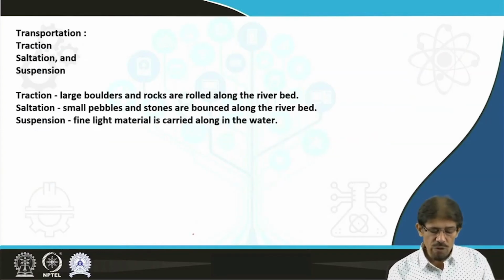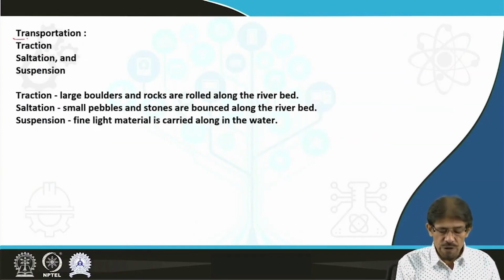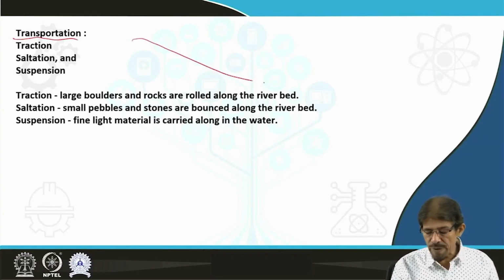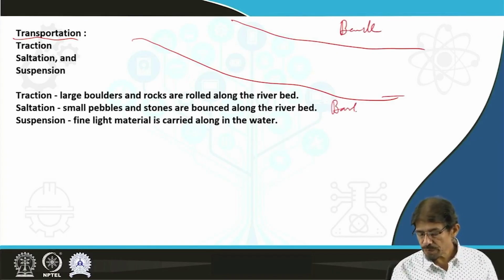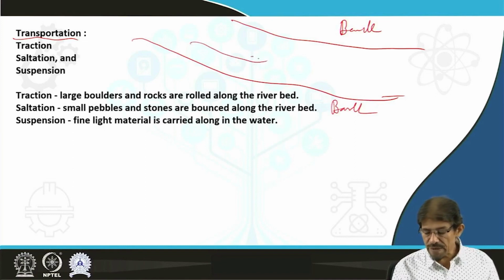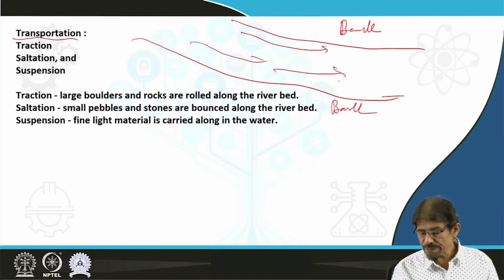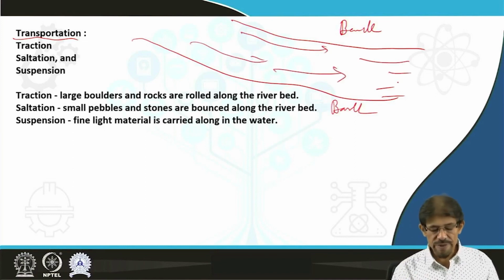If we look at the transportation of material through a river channel, here is the river channel, this is the bank, and the water is flowing in this way.